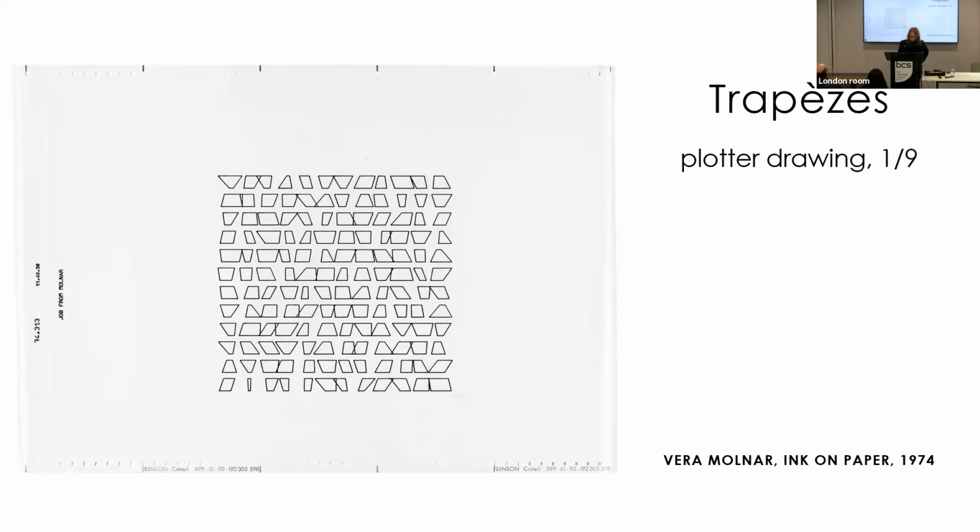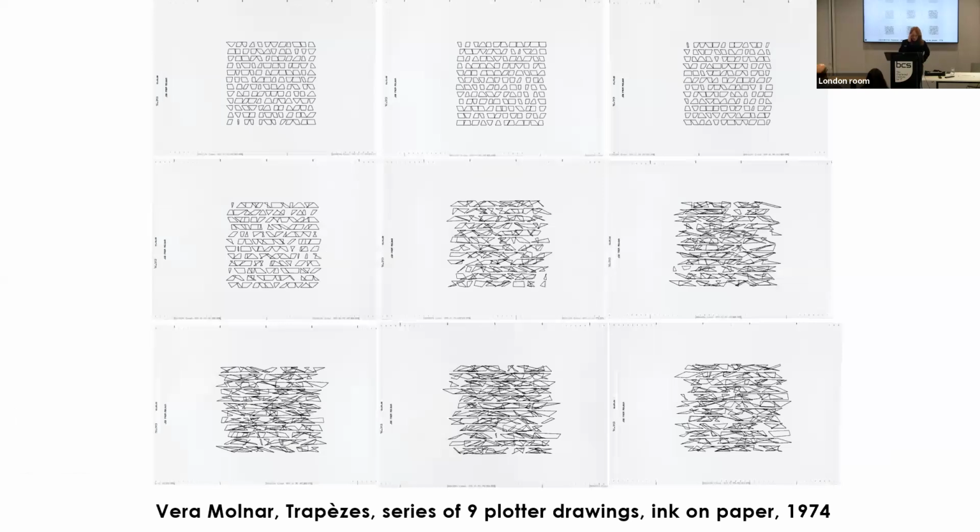I don't know how to pronounce this properly, sorry, but you get the point. And this was a series of 9 plotter drawings that look at one of Vera's constant fascinations, which is the dichotomy and a search for balance between order and disorder.